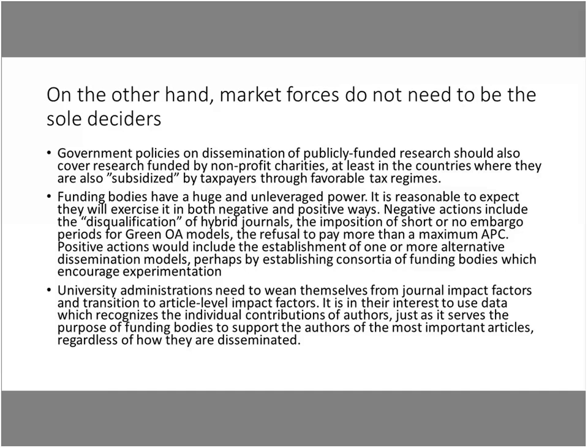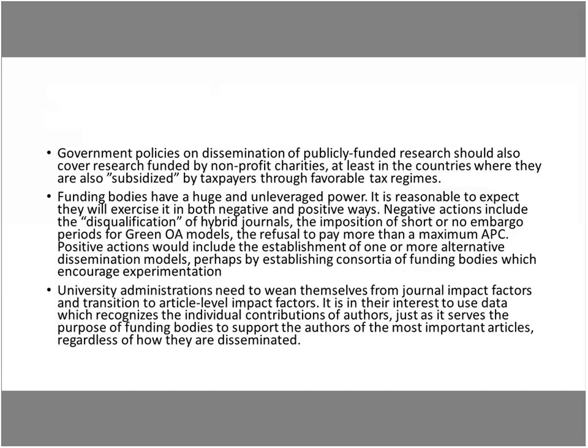I would also hope that university administrations will actively demand article-level metrics as opposed to impact factors as a way to measure contributions of individual authors, as a way to derive further change in the industry.